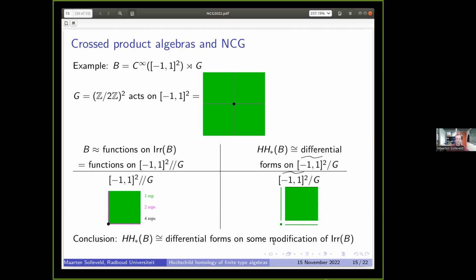And this is one way which is reasonable to think of Hochschild homology in more general settings, at least if there are not too many singularities. Of course, in completely general cases, it will fail, but in cases without bad singularities, this is a reasonable way to think of it. In particular, for finite type algebras, where there are not so many singularities, this is a reasonable viewpoint.